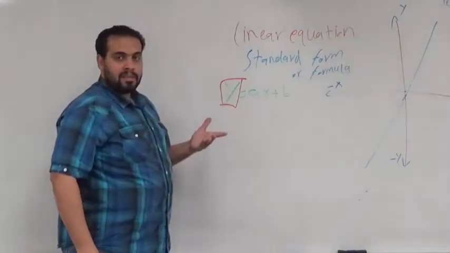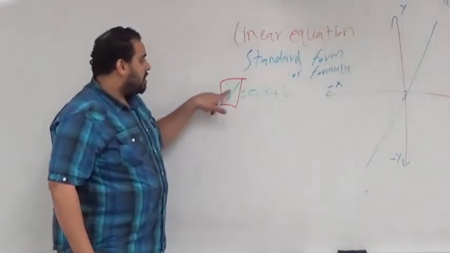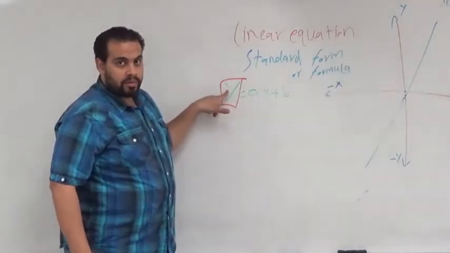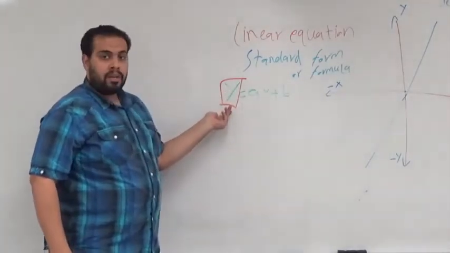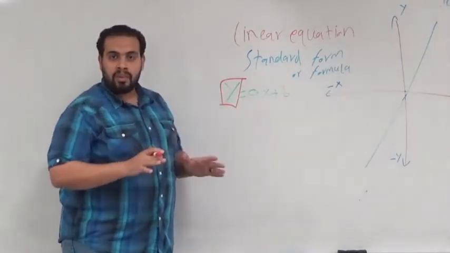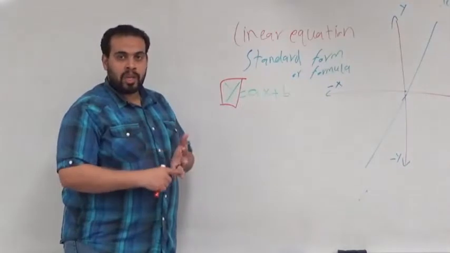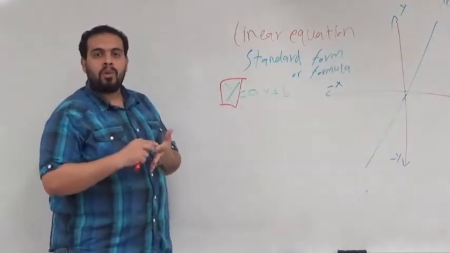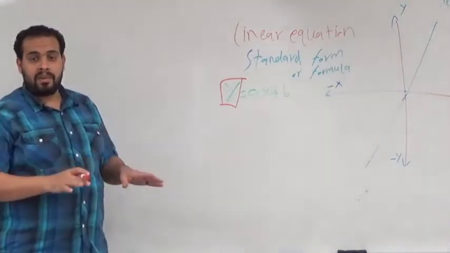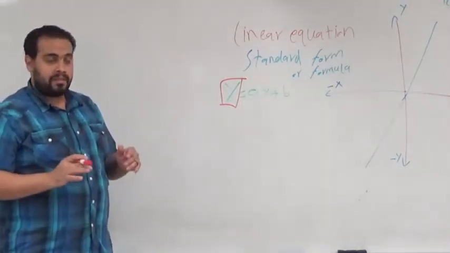How do I know it's positive? Because there is no sign in front of it, there is no negative in front of it. So y here is positive by itself. Nothing added, subtracted, multiplied, or divided by. So y doesn't like partners, doesn't like neighbors, it just likes to be by itself.